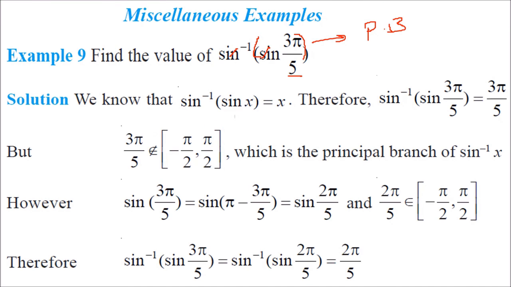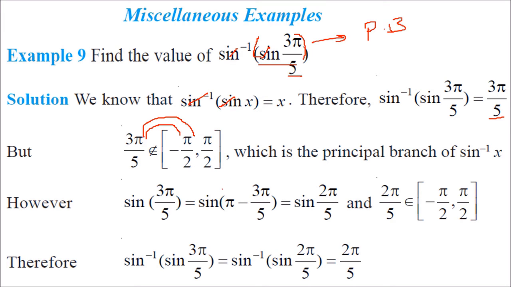For that, we know that sine inverse sine x is nothing but x, that is 3 pi by 5 is 3 pi by 5. But 3 pi by 5 doesn't belong to the principal branch of sine inverse x. It doesn't lie between minus pi by 2 and pi by 2.